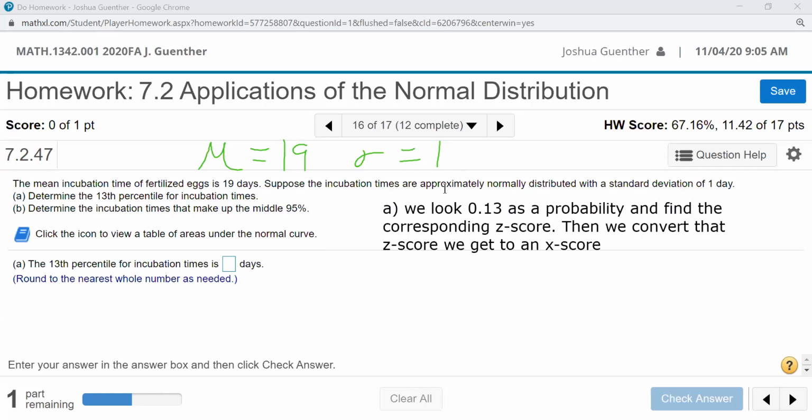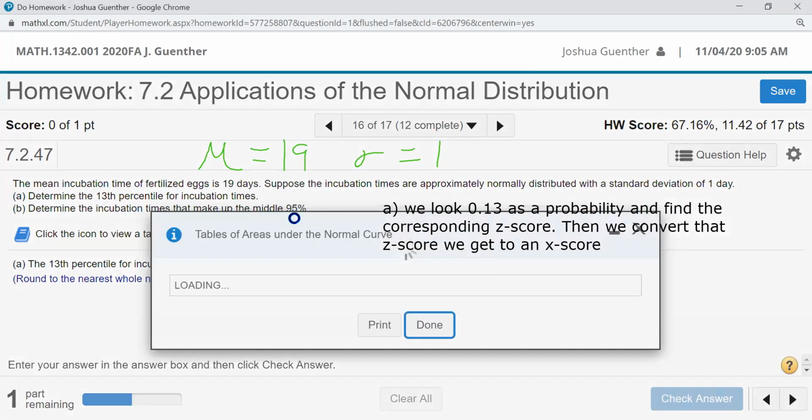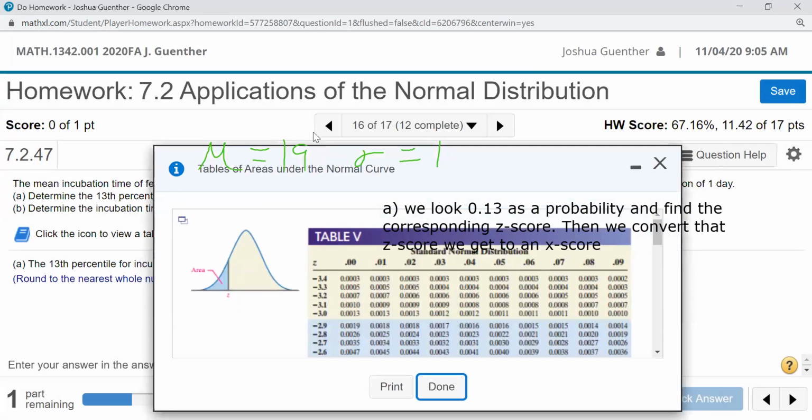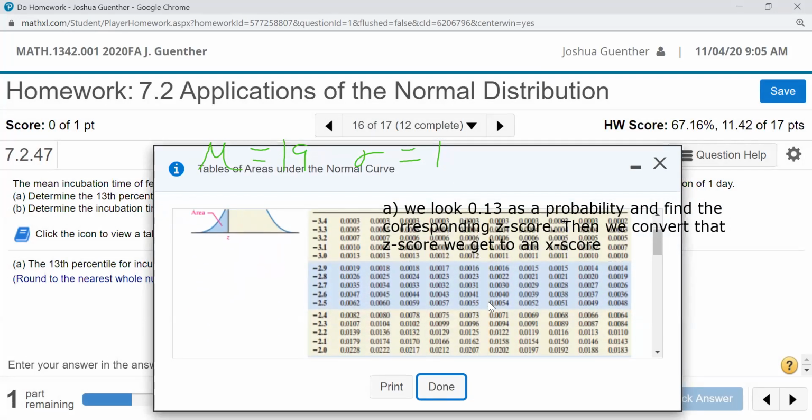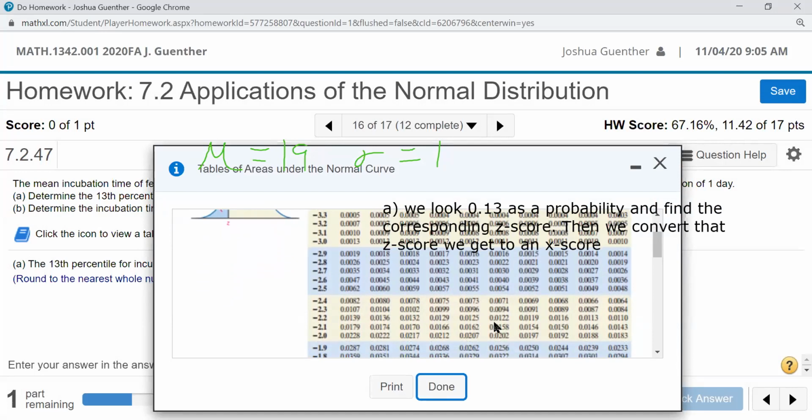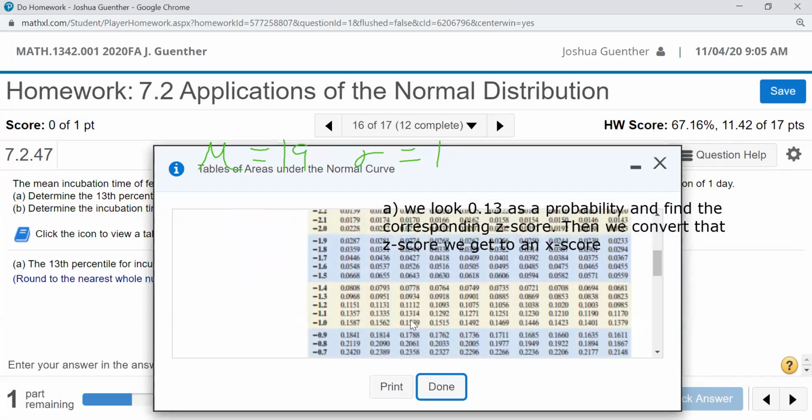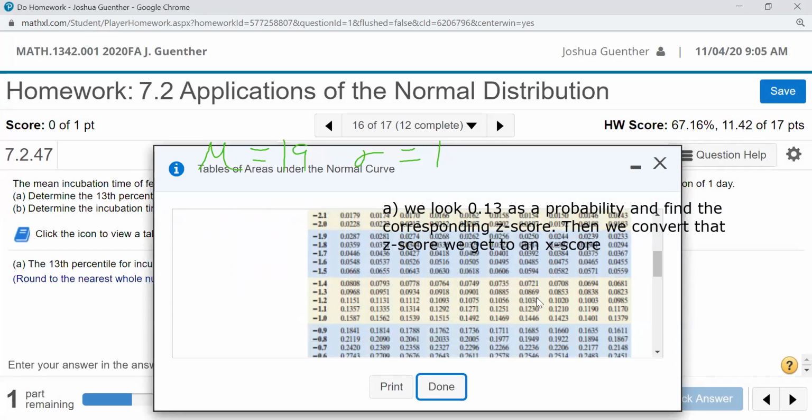So I'm going to go look on the chart for 0.13, or as close as I can get to that. That's going to be maybe this one. No, that's 0.0, excuse me. 0.13, where are you? About right here. 0.1292 is actually closer to it.